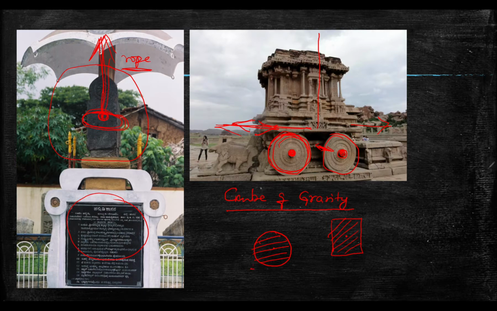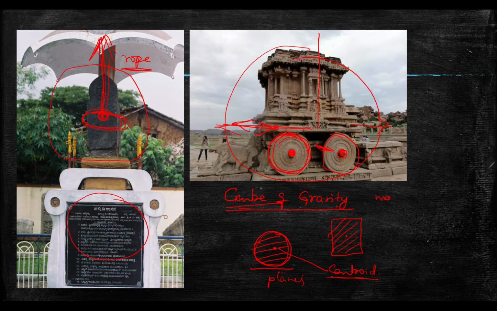So in the plane figures, the point where the whole area is assumed to be concentrated is known as the centroid. See, in both cases it is the center only, but in plane figures we call it the centroid, and in solid figures we call it the center of gravity.